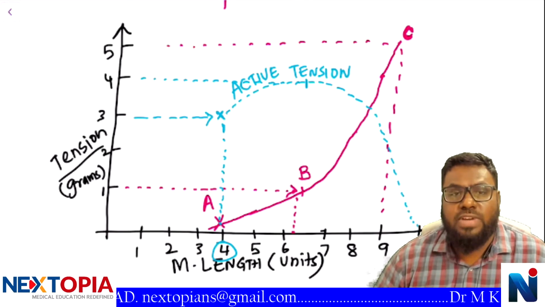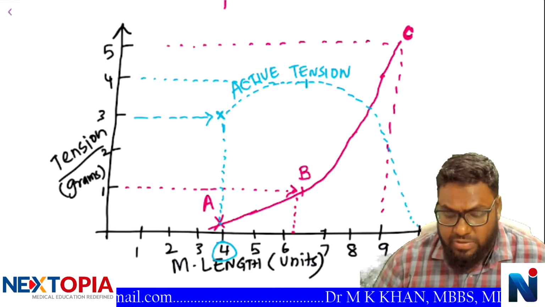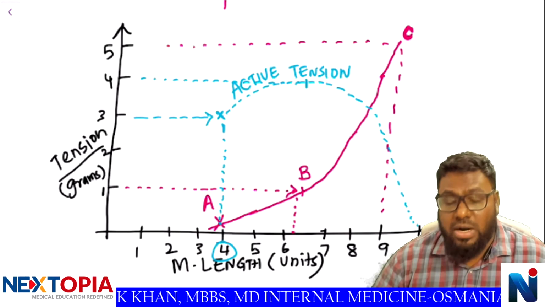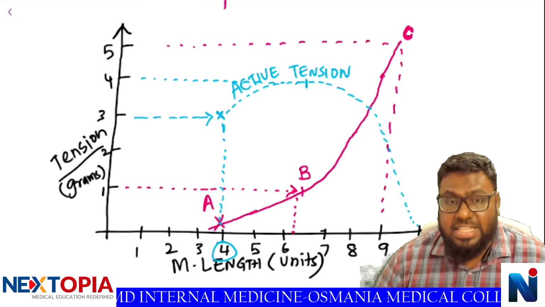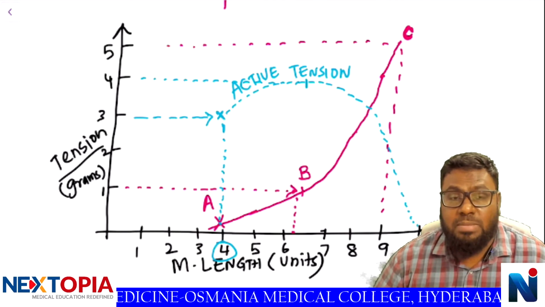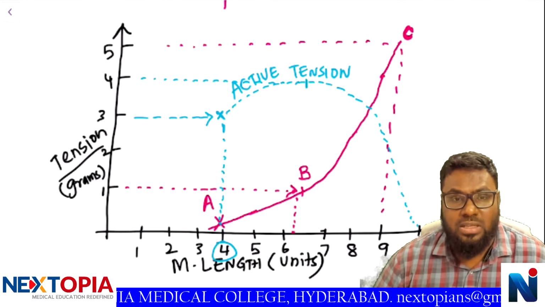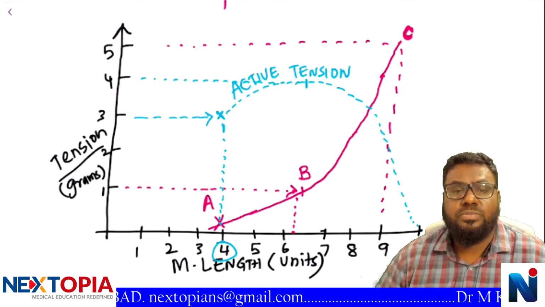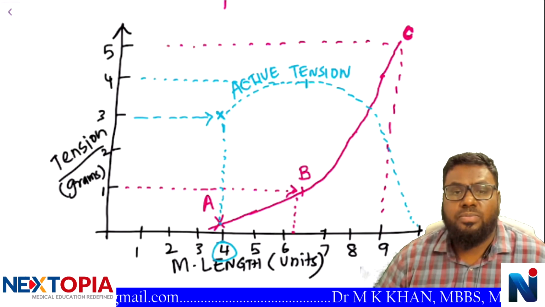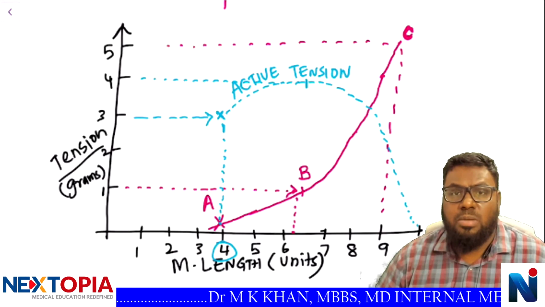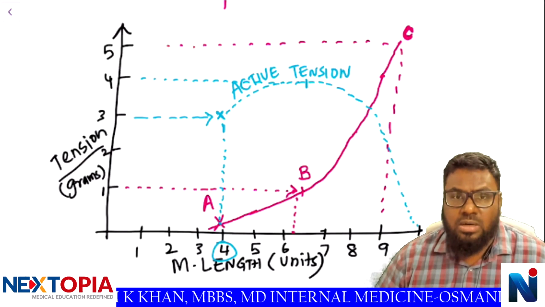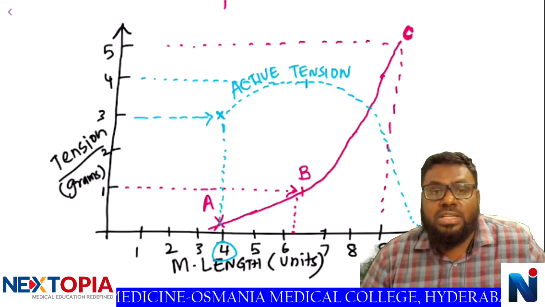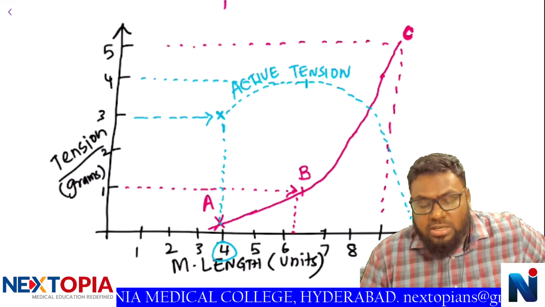Now at some point you increase the weight, but the muscle is not increasing in length. Instead, beyond a stretch point, the muscle tension begins to fall, and this is because there is a relationship between the maximal length and maximum tension that is creating a contraction.